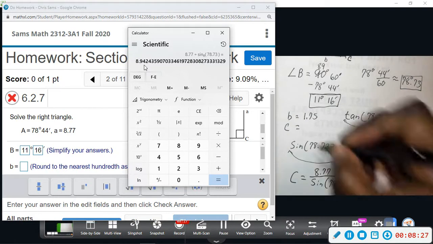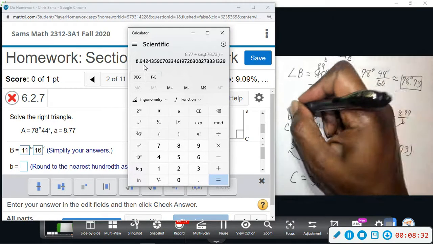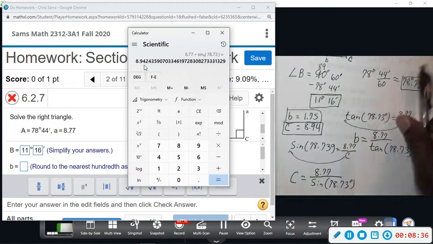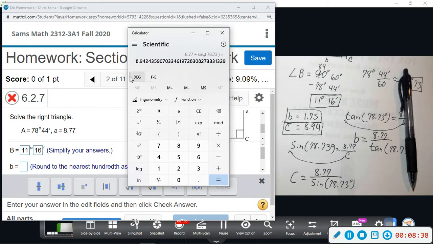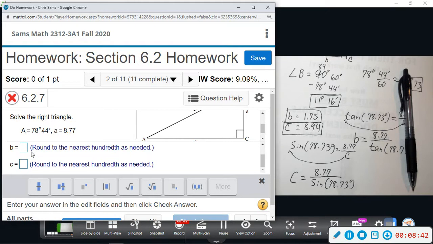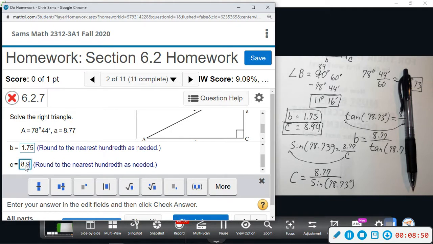Okay, so here are all three missing measurements to complete that triangle. So we got the 11 degrees 16 minutes, B was 1.75 and C was 8.94.